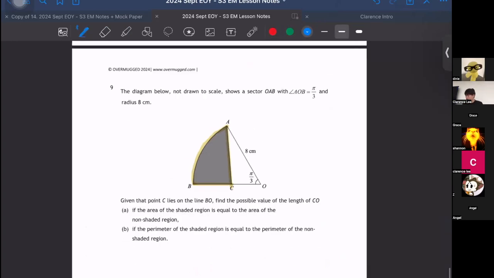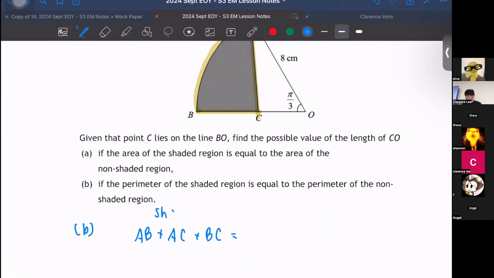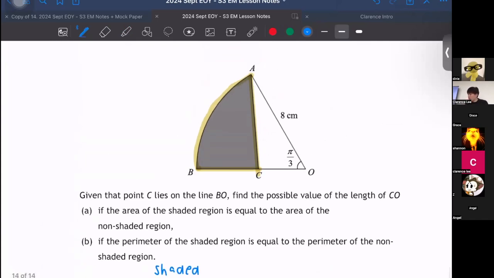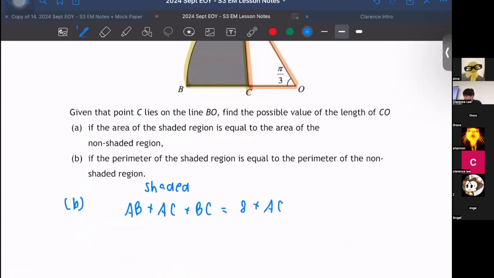So that is for my shaded. For unshaded, it is made up of 8 plus AC plus OC.